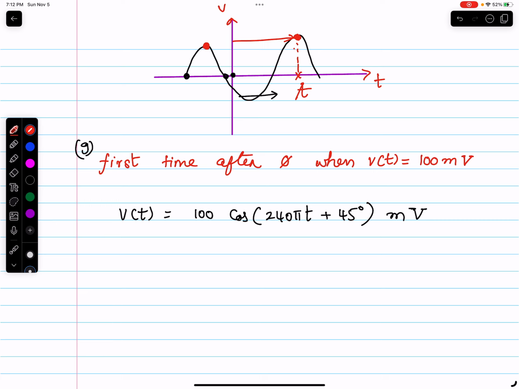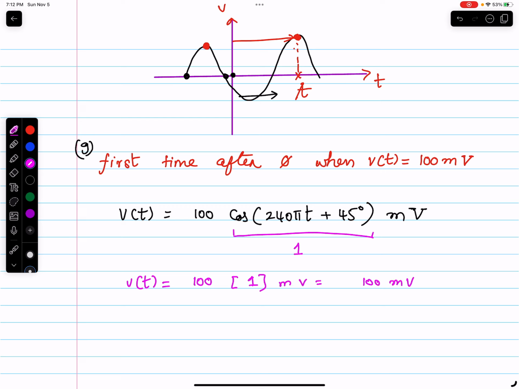In order to do that, what we do is equate all of this to 1. When all of this equals 1, v of t is 100 times the maximum value of the cosine wave, which is 1, which equates to 100.